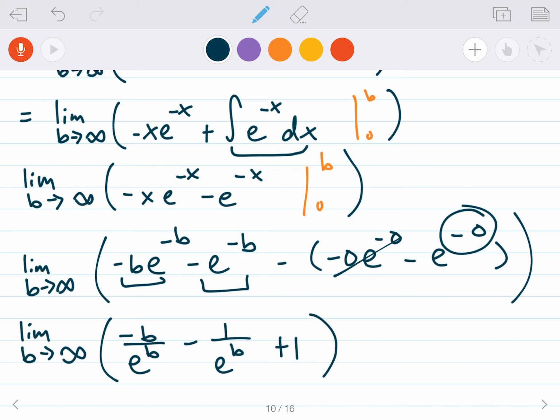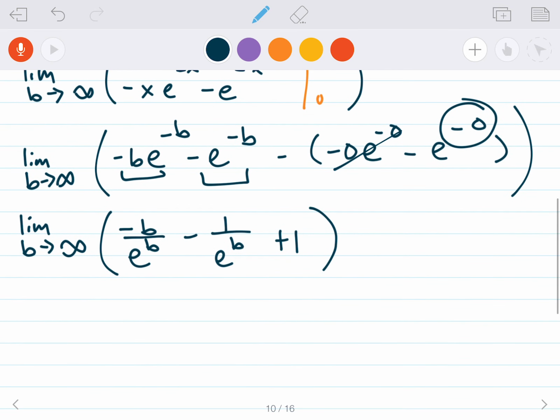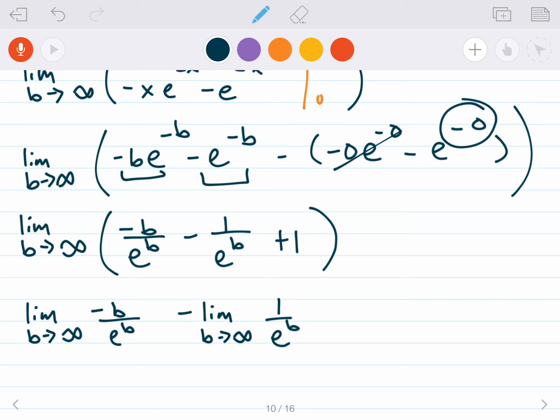Okay, so far so good, I believe. From here I'm going to use the limit property that says I can take the limit of each individual piece, and you'll see why in a second. So I have the limit as b goes to infinity of b over e to the b, minus the limit of 1 over e to the b, and of course the plus 1.